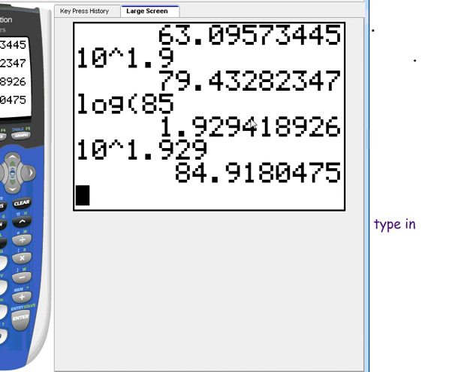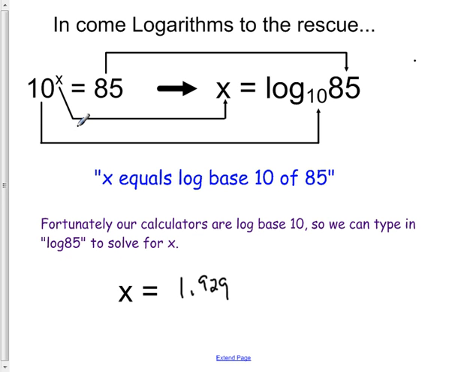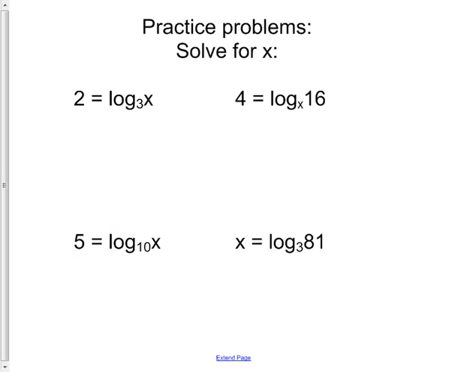If you type in all of that, chances are you'll get pretty darn close to 85, probably 85 point a bunch of zeros. Okay, so we now know how to convert an exponential equation into a logarithm. And what you need to remember is, whenever you see a logarithm equation, you should always think exponential equation. They're interchangeable.